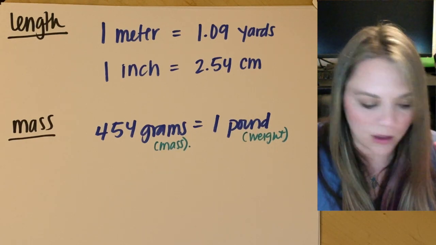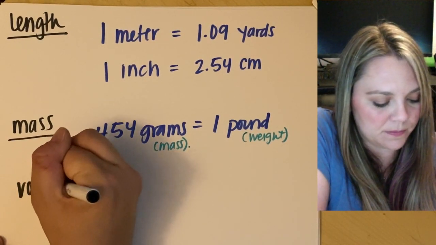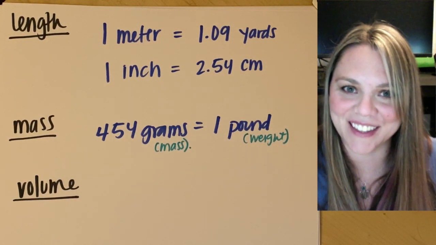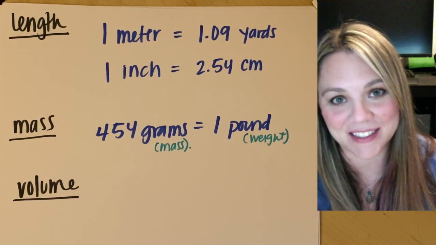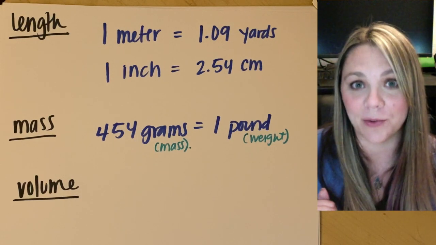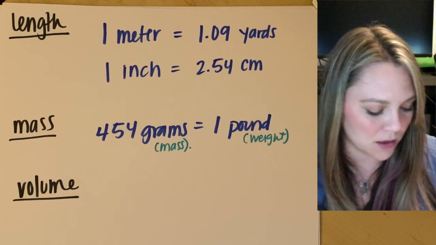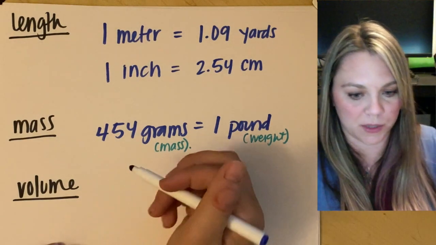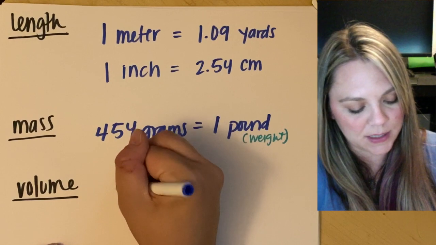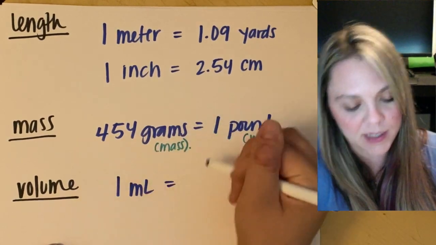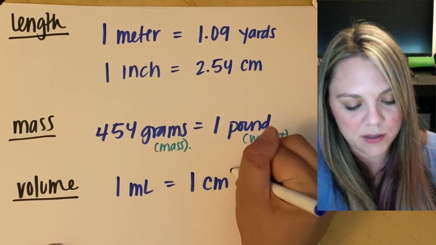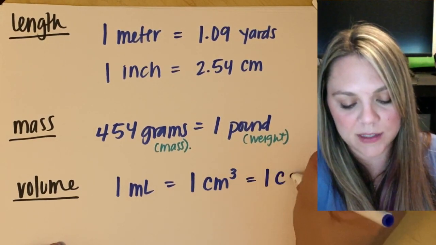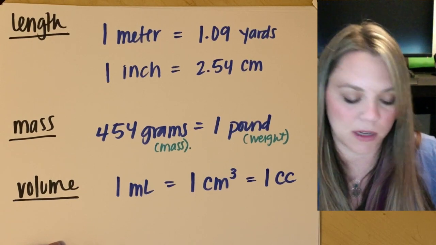All right, the really important ones. Saved the best for last to make sure that you actually watch the whole thing. I guarantee these will be on quizzes, okay? So 10 points to whichever one of you is still watching this. For volume, one of the most important ones is that 1 milliliter is 1 centimeter cubed, aka 1 cc, 1 cubic centimeter.